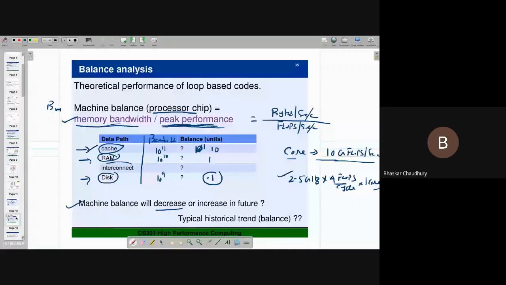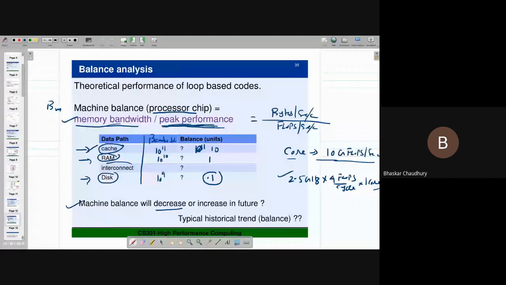So the point is, whenever a code is given to you and a machine is also given to you, we should do some kind of analysis in terms of the machine balance and code balance, and see how close or how far they are from each other. So ideally, let me write it down.